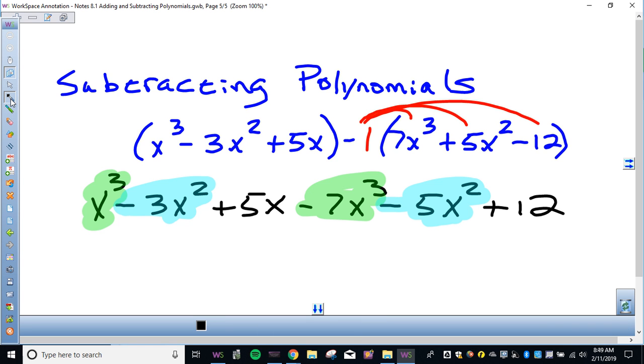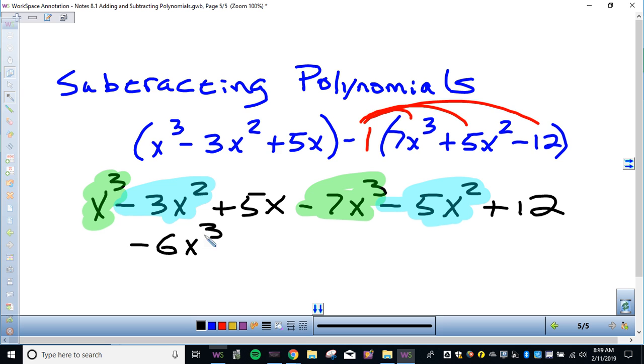X cubed minus 7x cubed is what? Negative 6x cubed. Good. And then negative 3x squared minus 5x squared. If 0 is in the middle, I'm at negative 3, and I go 5 away from 0, where do I end up? Negative 8. Negative 8x squared plus 5x plus 12.